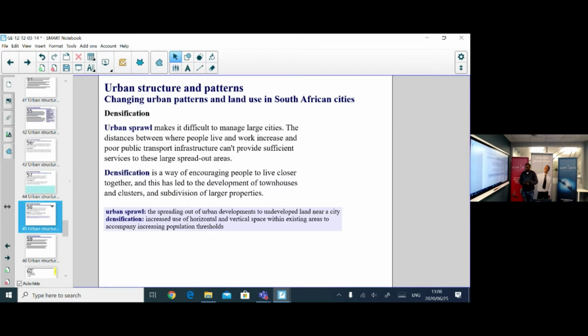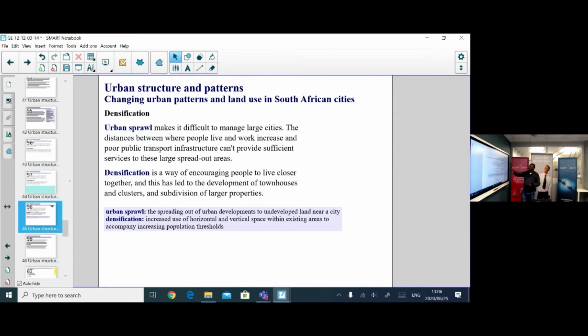A good example is the extension of Protea Glen in Soweto, which is going into former farming areas. That's what we call urban sprawl.